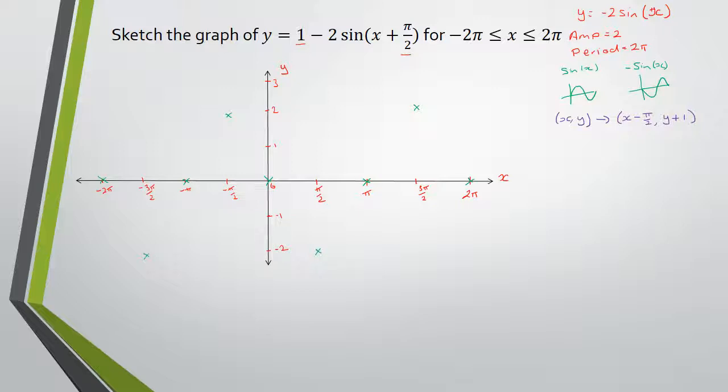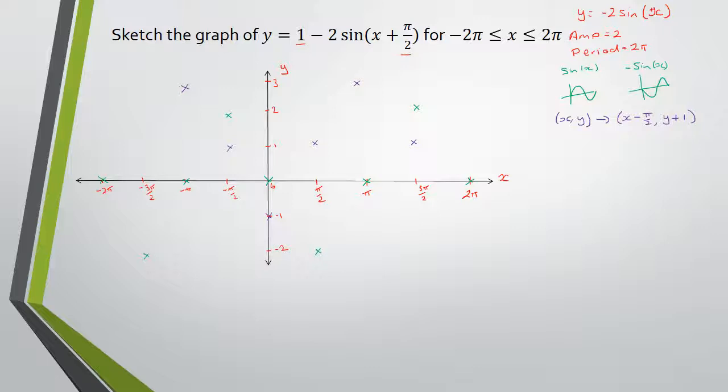I move it to the left pi on 2, and I move it up 1. Then my next point at 3 pi on 2, I move it to the left pi on 2, and up 1. Then my x-intercept to the left pi on 2, and up 1. The minimum point to the left pi on 2 and up 1. The origin to the left pi on 2 and up 1. The maximum point, left pi on 2 and up 1.